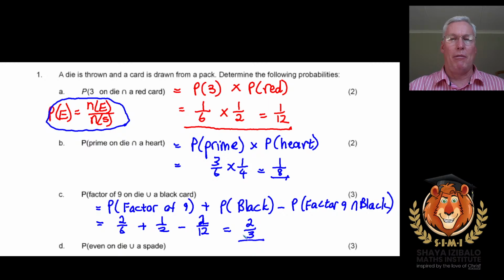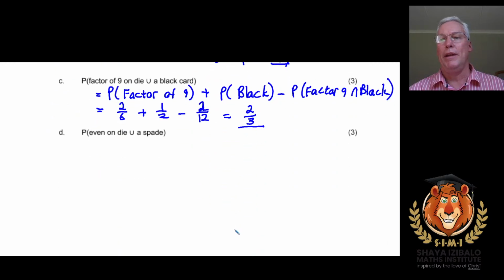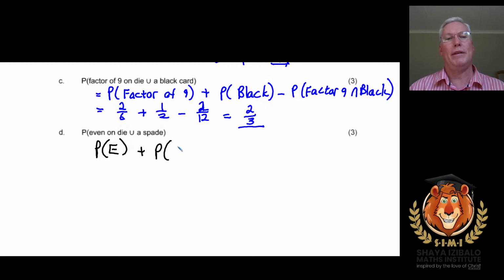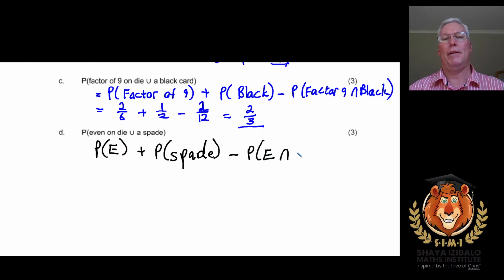All right. Probability of an even on the die or a spade, exactly the same idea. They are independent, so we could say probability of even plus the probability of a spade minus the probability of an even and a spade.